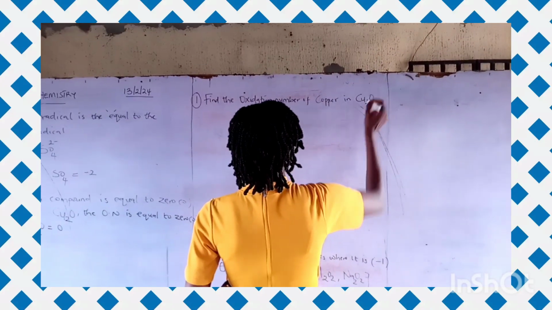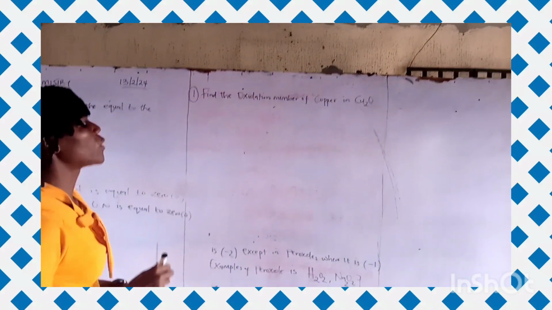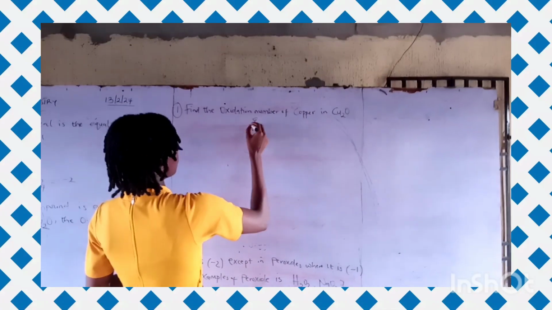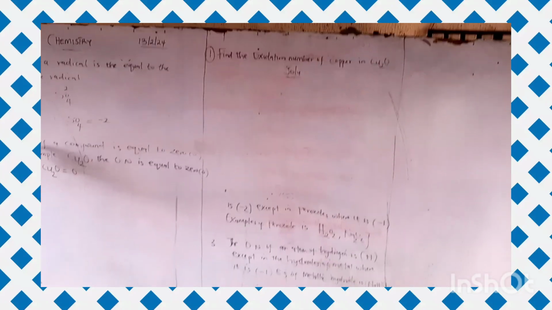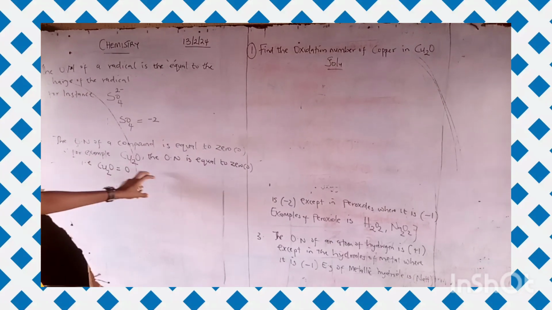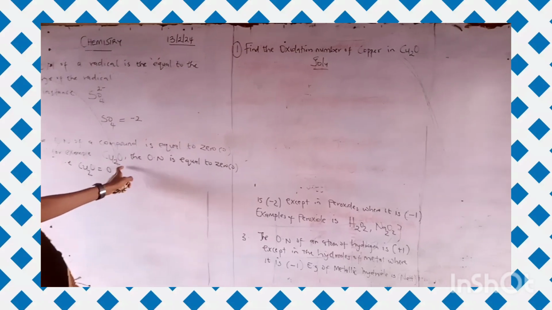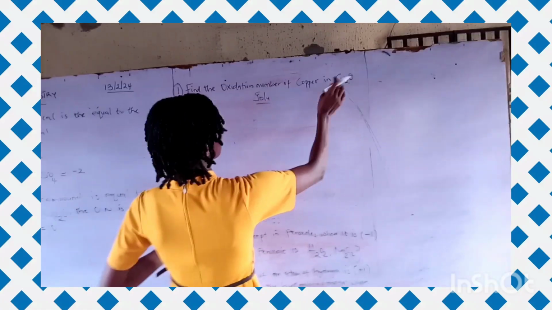So we are asked to find the oxidation number of copper in this compound. So what rule is that? Rule 5 says the oxidation number of a compound is equal to 0. So let's take this as a compound to solve.